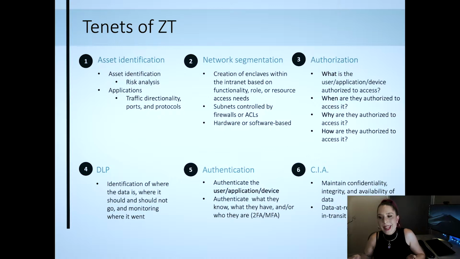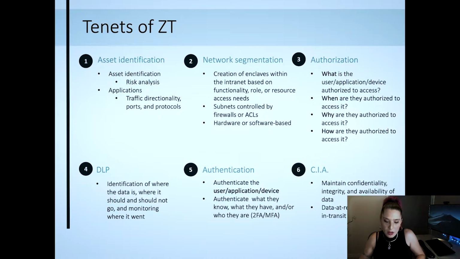What about those things that are centered around unacceptable risk to the business that aren't necessarily identified in exploitation and post-exploitation? You need to know what applications you're running in your environment, the traffic directionality, the ports and protocols they use. This is a big thing.